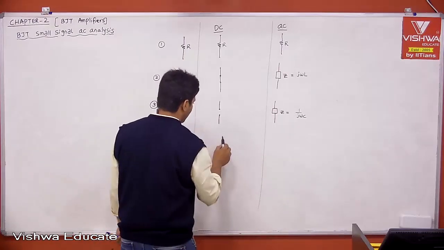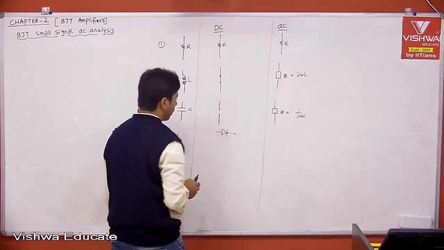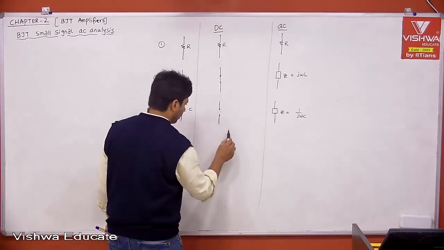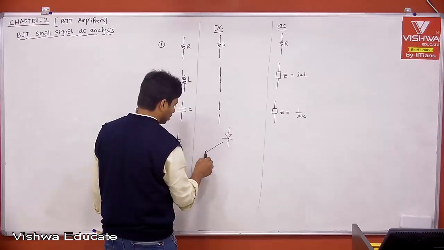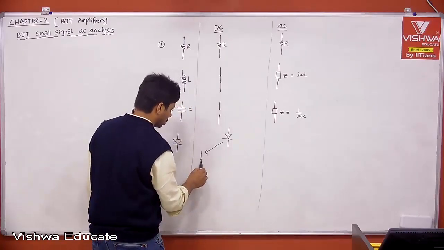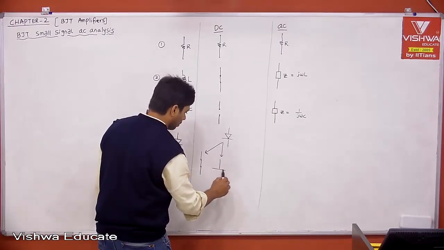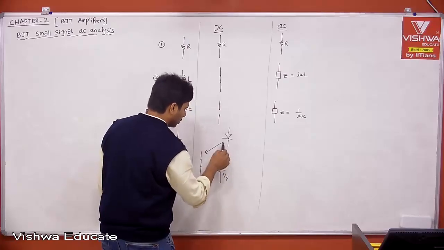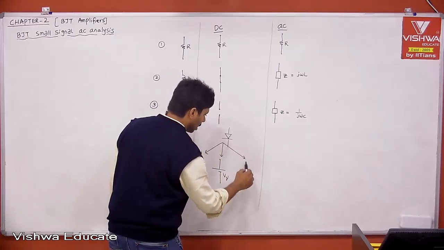Now, if you ask me about the PN junction diode, because our equivalent circuit is different, this is your PN junction diode. The first approximation is nothing but a short circuit. The second approximation is nothing but a battery, which is V gamma, and the third approximation is nothing but a resistor and V gamma.